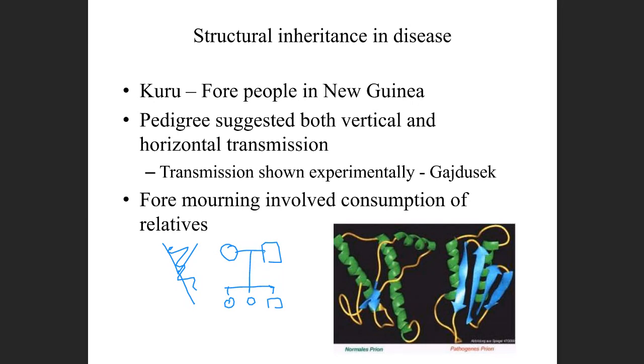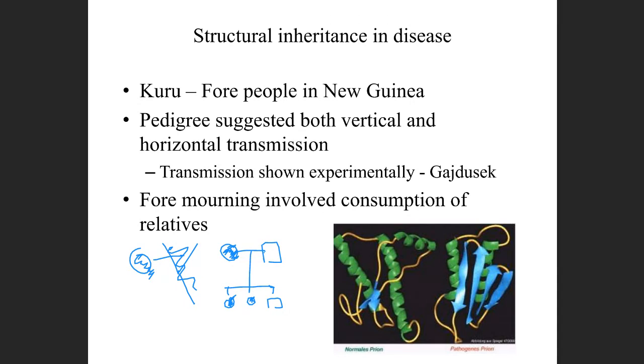And so you might find the disease in more children than you'd expect on average, but then you'd also find it in unrelated individuals, which means it had to have been transmitted horizontally. That means from one person to another directly, not through patterns of parents and children.